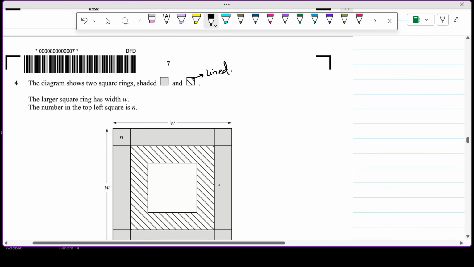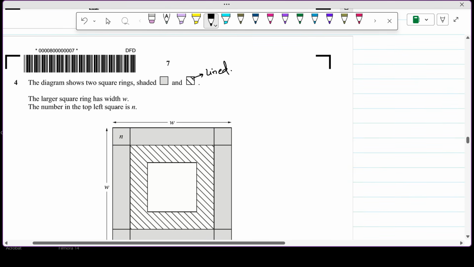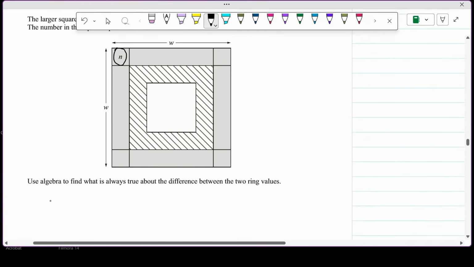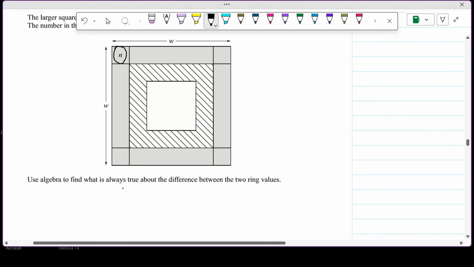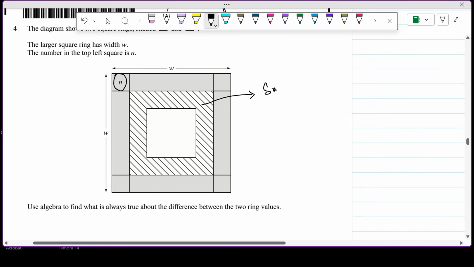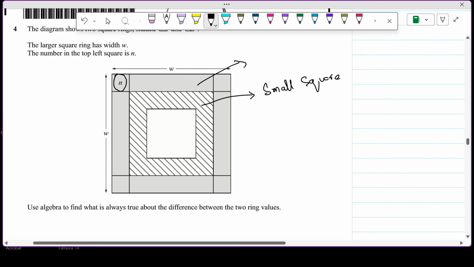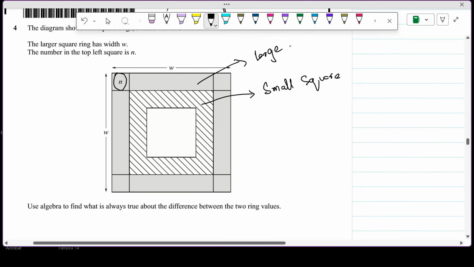Okay, the large square is the W by W, and the number in the top left corner is N. For the W by W, the top left corner number is N. Use algebra to find what is always true about the difference between the two rings. This is the small square and this one is the large square.